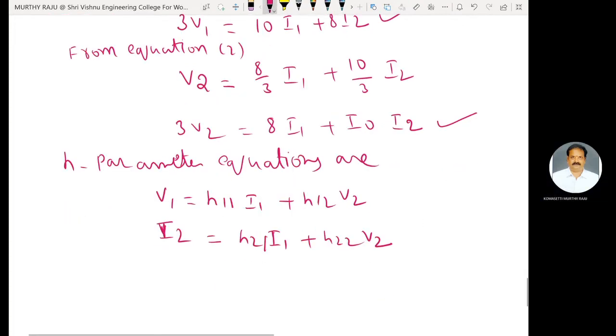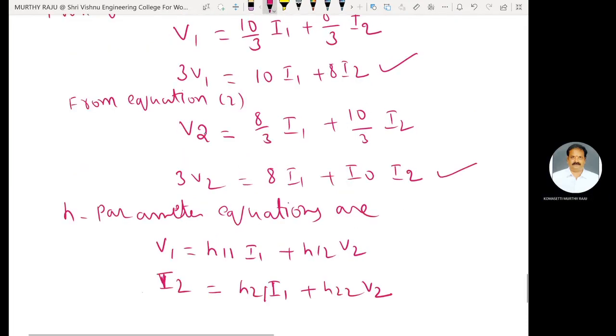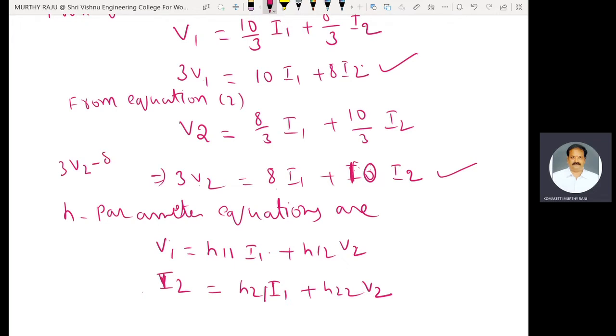Consider the first equation. V1 and I1 are there, but instead of I2, we need V2. From the second expression, 3V2 minus 8 I1 by 10 is equal to I2.